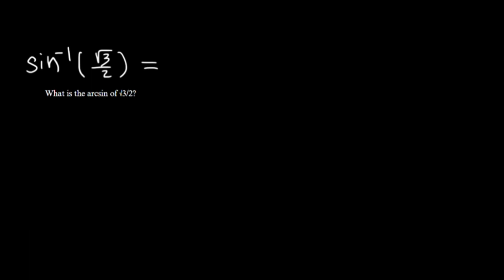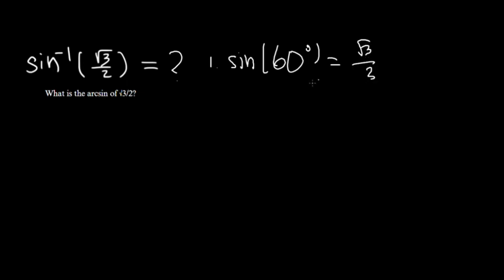For our next example, we have what is the arcsine of square root of 3 over 2. Now in this example, we have multiple possible values. First one is sine 60 degrees, which is nag-equal sa square root of 3 over 2.